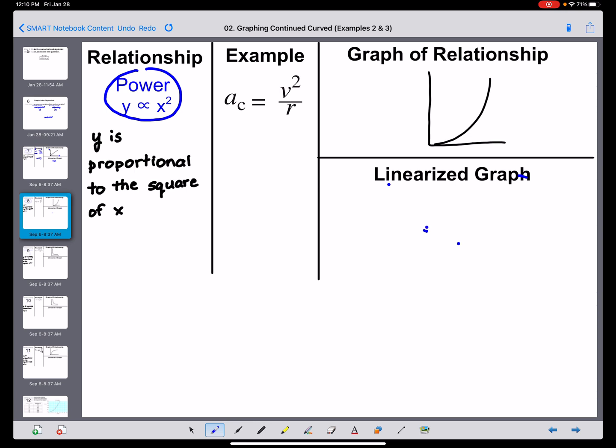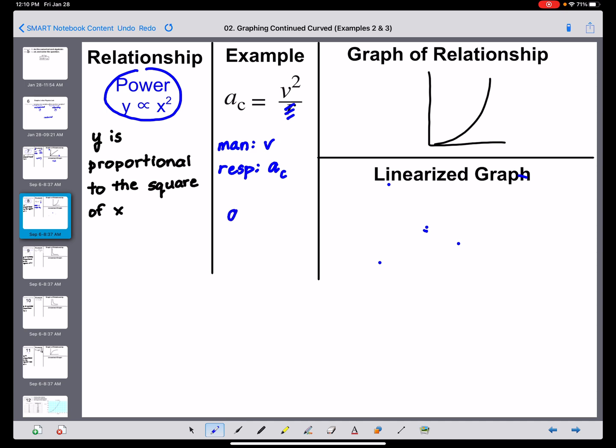Let's say I decide to manipulate speed. So my manipulated variable is going to be speed, and my responding variable is going to be a with a little c next to it. Just ignore the c. Anything else in the formula is going to be controlled, and we're just going to ignore it. So I don't really care what's happening with r because I'm not studying r in this particular lab.